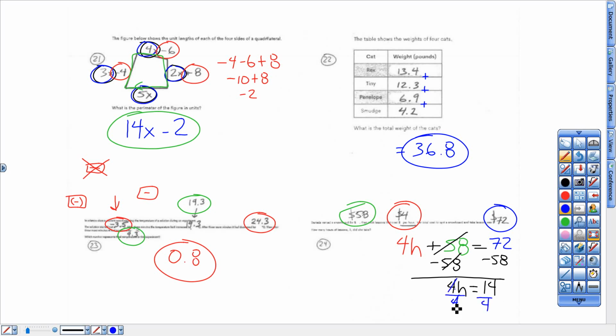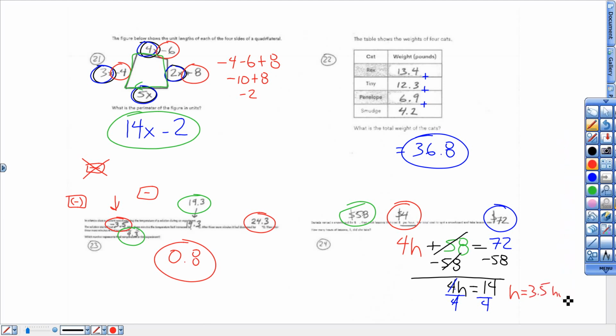Divide that 14 by 4. 14 divided by 4 gives me h is 3.5 hours. Write that unit there, 3.5 hours. How long was I renting to get my bank to spit out 72 bucks? 3.5 hours. Last word is again.